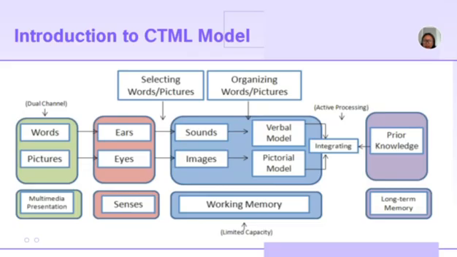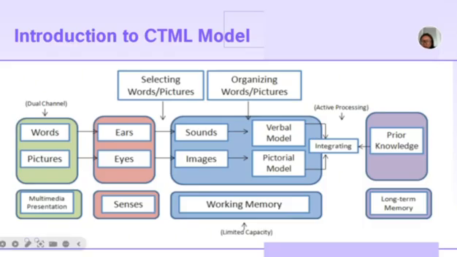The visual channel processes images, and the auditory channel processes spoken words. Learning is enhanced when both channels are used in harmony, which is why multimedia presentations are so effective.